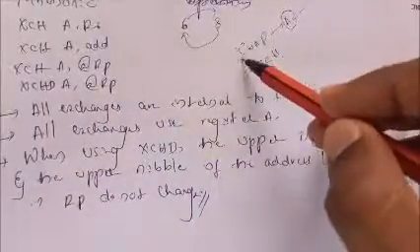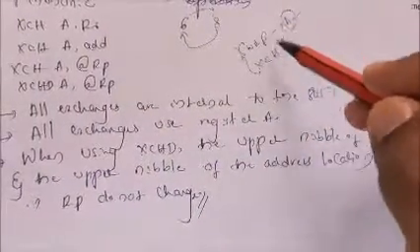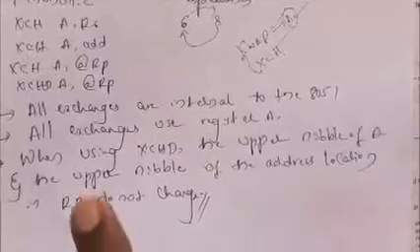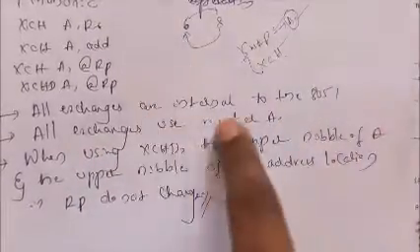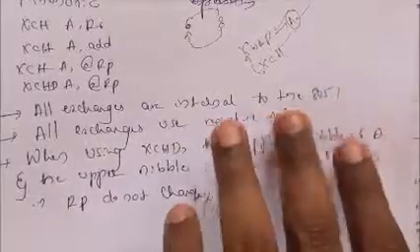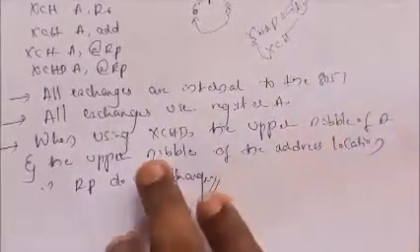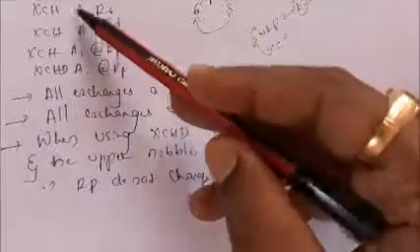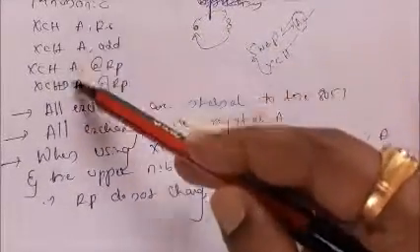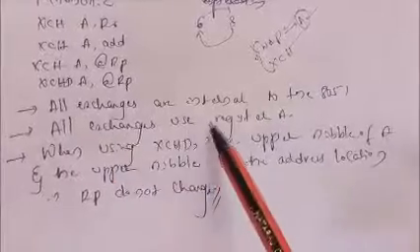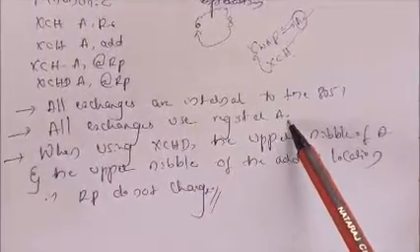Don't get confused, these are different internal operations. All exchanges are internal to the 8051. These exchange operations operate entirely with internal things. Also, if you see all the instructions here, the accumulator is common. That means all exchanges use register A.